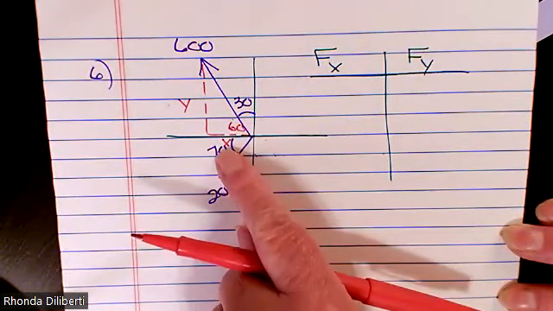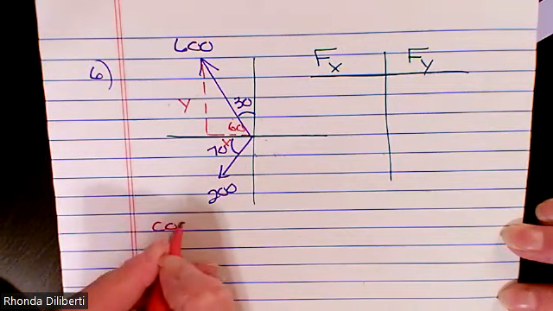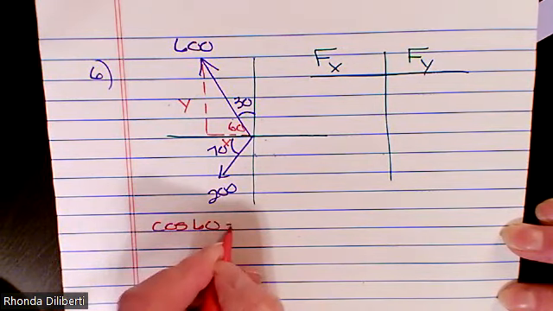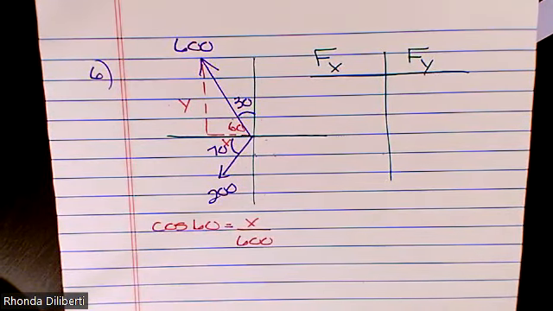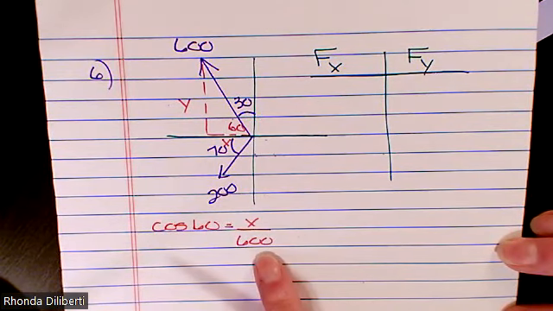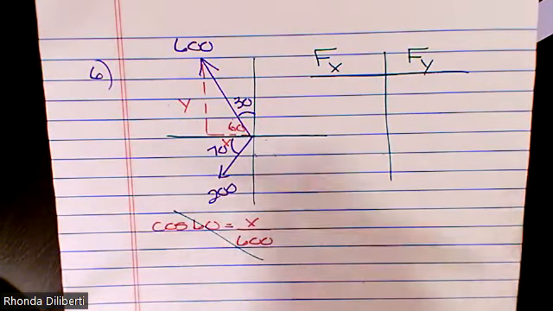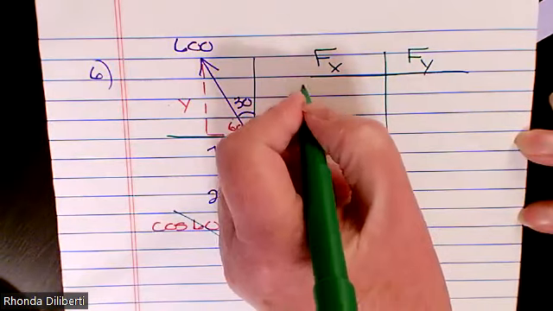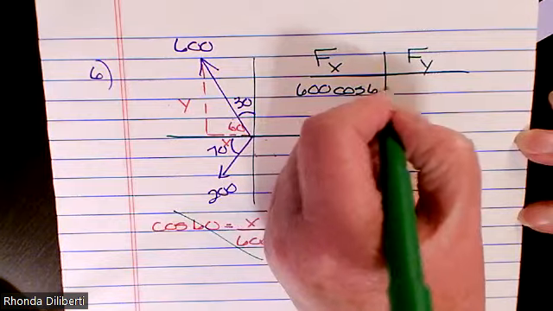So you'll notice the x piece is adjacent to the 60. So I could say that cosine of 60 would be the x piece over the hypotenuse, which is 600. The reason I like to use the angle that drops to the x-axis is because the x component then will always turn out to be 600 times cosine of 60.